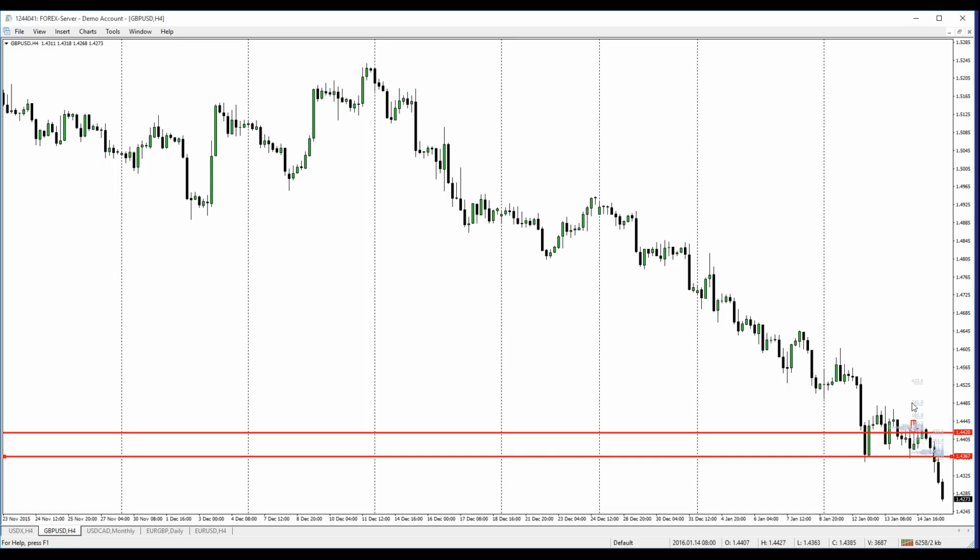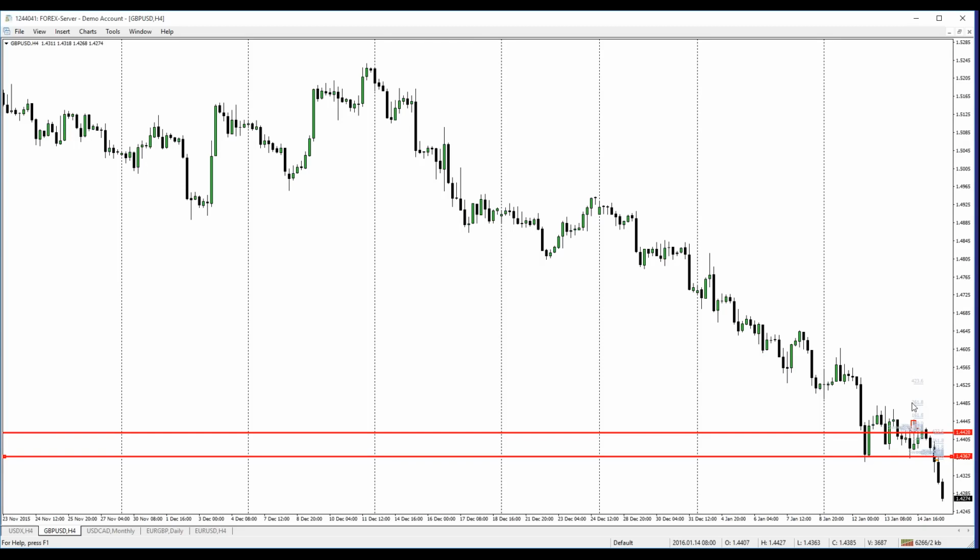Because the cable, or British pound, is in a trending environment lower, the dollar is in consolidation, and the euro is in consolidation, that means the trade is going to be in what pair? Draw a line connecting euro and pound on the picture you just drew.